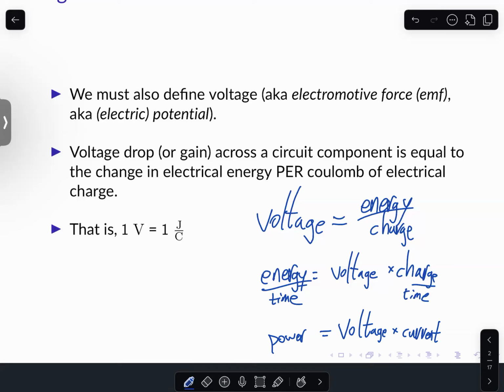So if you want to know how hot, it's not exactly temperature, but if you want to know how hot something gets, the electricity is flowing through, you could use the current through it times the voltage across it. That's how much energy is being dissipated or stored in it for that matter. The rate at which energy is being changed.